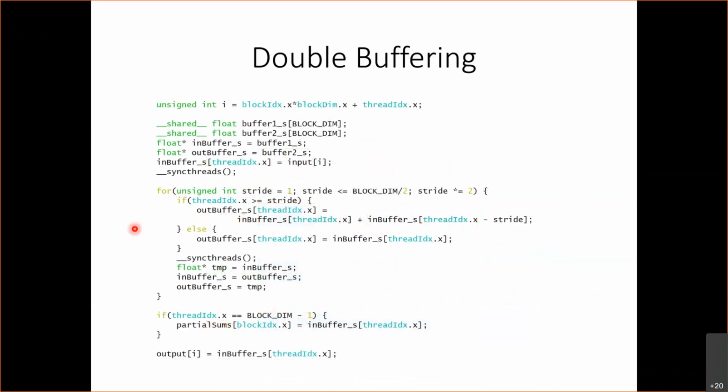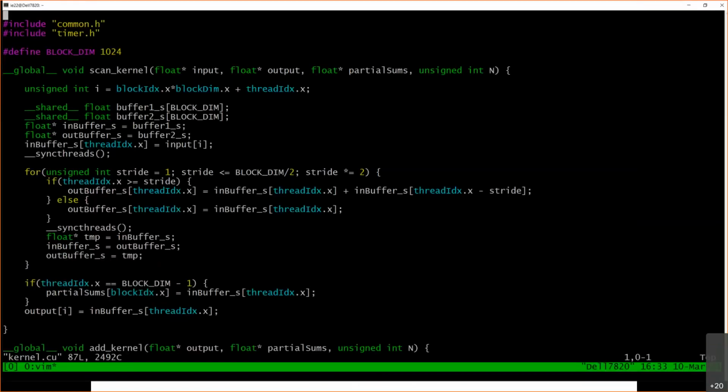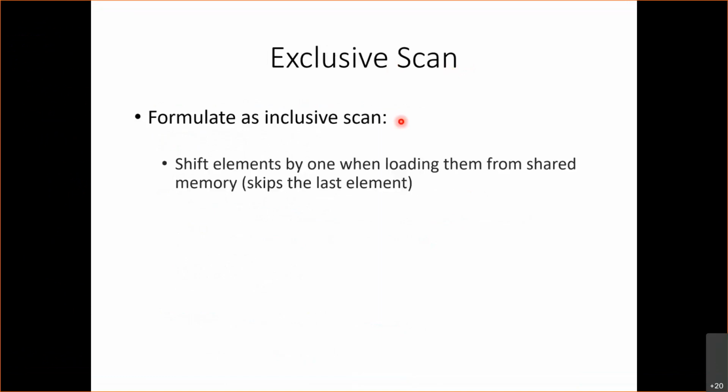Okay, so this is the code that we wrote, and with that, we've done taking a look at how to implement inclusive scan. What I'd like to do is just to look at how exclusive scan differs. So for the Kogge-Stone algorithm, exclusive scan, we can just formulate it as an inclusive scan, right? So to do an exclusive scan, we can simply shift the elements by 1 when we load them to shared memory.